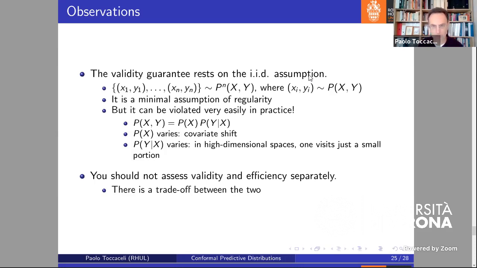Probably we're not even interested in visiting it in its entirety. But my point is that in high-dimensional spaces, we visit so little of the space that we have to be lucky to have a lot of regularity to make certain extrapolations or maybe interpolations, and have these be valid. So when we start visiting other parts of the space, we see something that we haven't seen before, and our methods start to have problems. And again, just to finish, you should not assess validity and efficiency separately, because there is a trade-off between the two.